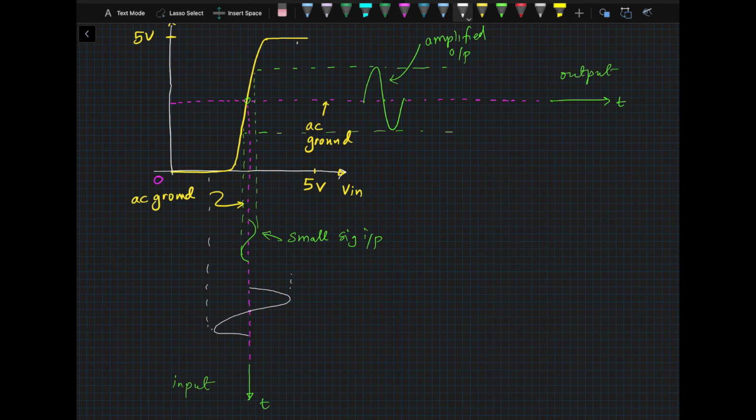I'll give you 10 seconds to think about it. Can you draw the output characteristics that you will see? I hope you have already traced it, and you would see something that looks like this.